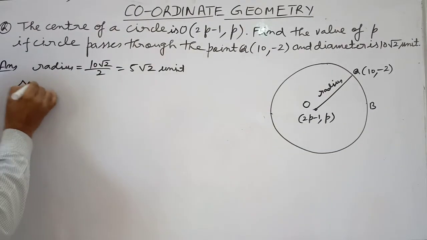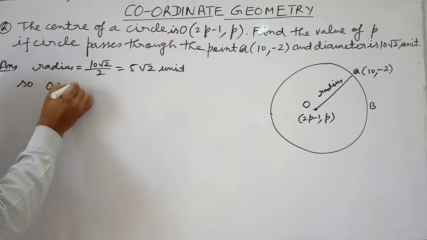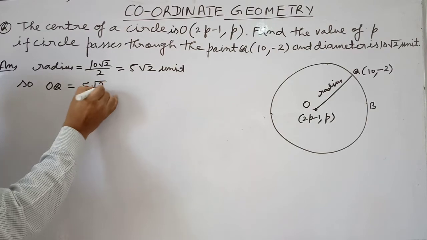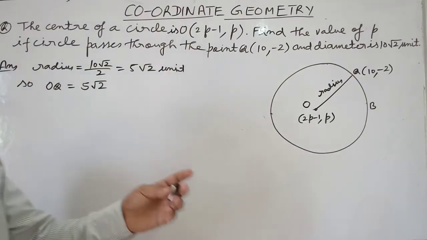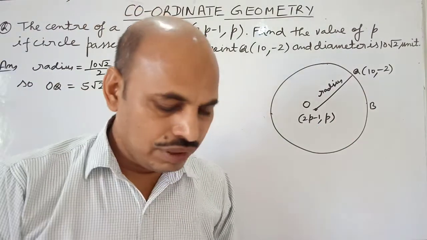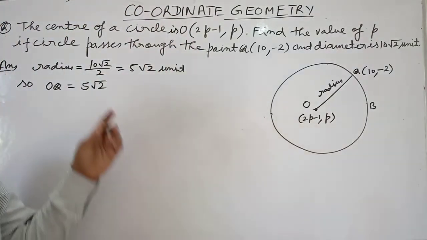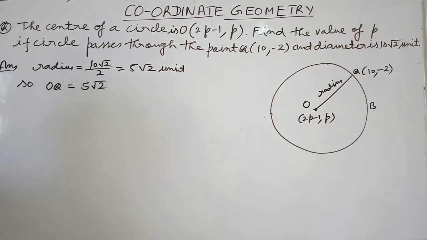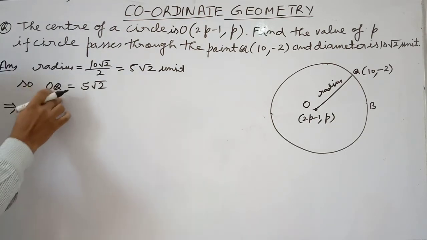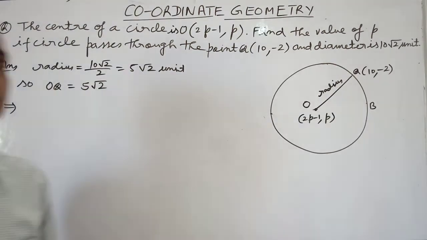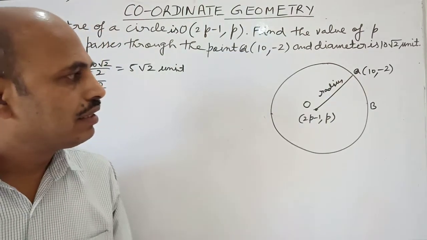So OQ equal to 5 root 2. So we have this condition, OQ equal to 5 root 2 units. We use this condition. We find OQ by using the distance formula.